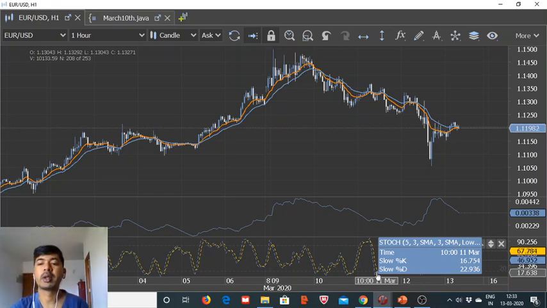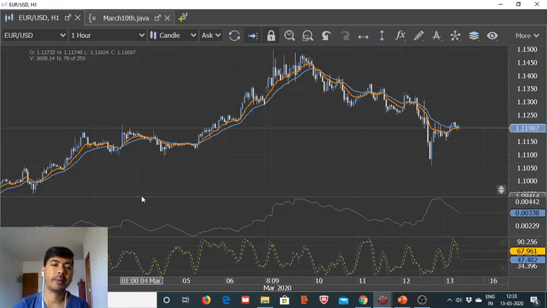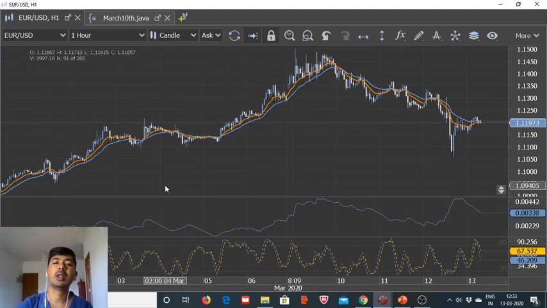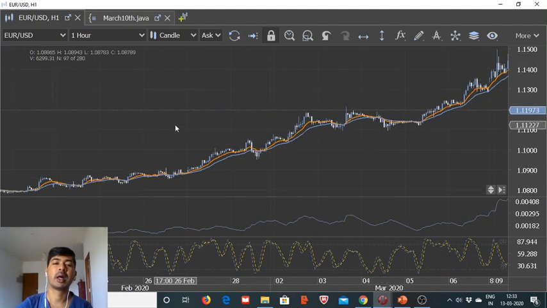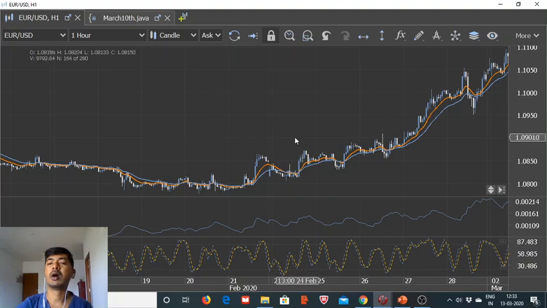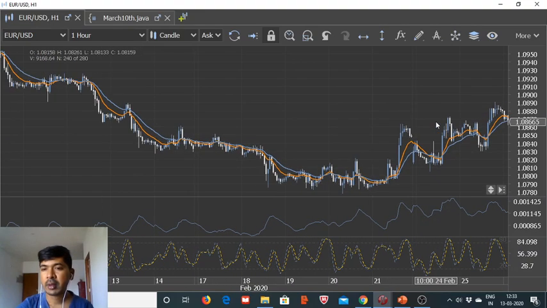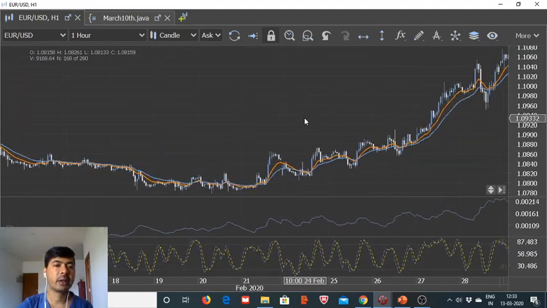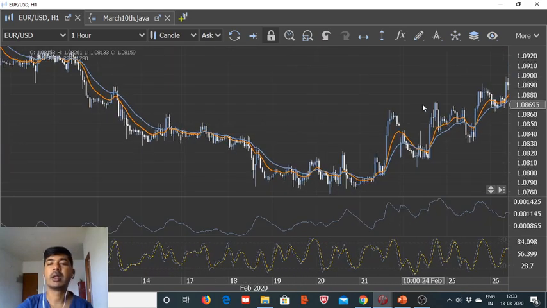Slow K was lower than slow D. So that is what the idea is. And then our algorithm in the next hour, that is 1 hour in window, will look for a buy trade or sell trade depending on other parameters.